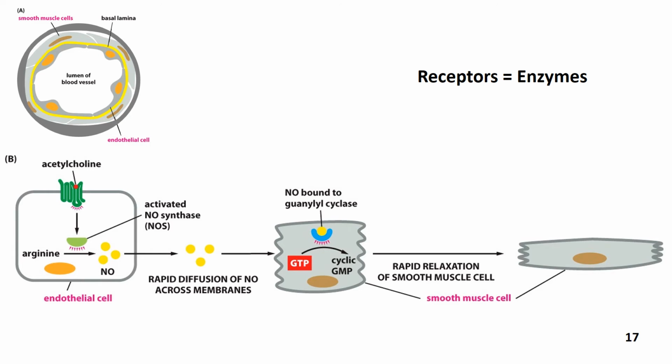Guanylyl cyclase converts GTP to something called cyclic GMP, guanosine monophosphate, and the phosphate sort of circles around such that it links the oxygen that's associated with the number 3 carbon to the oxygen that's associated to the number 5 carbon.